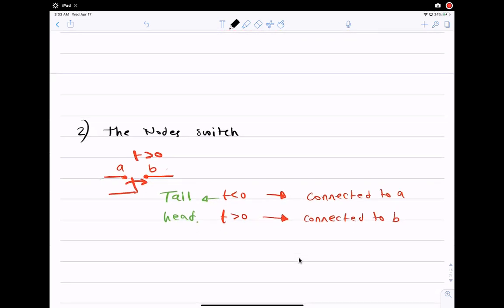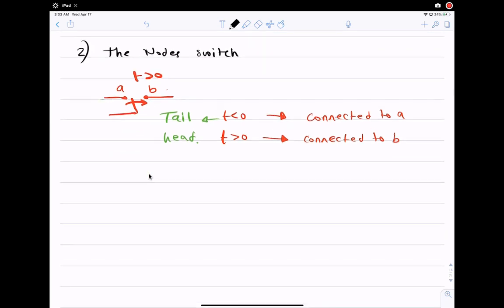The second type does not do an on or off mission or objective. The objective of this switch is to move between two nodes. Imagine a node, alright? This is a node, and this is another node.